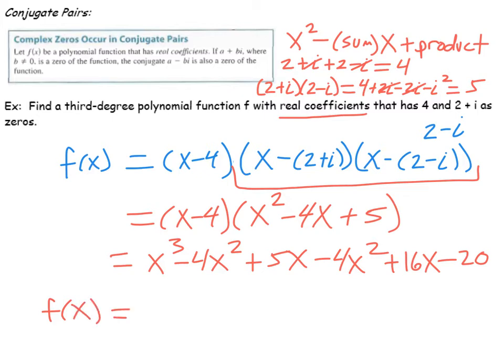Looking for any like terms. x to the third doesn't have any. Got a couple x squareds. Those will combine. 5x and a 16x can combine to 21x, and a minus 20 at the end. Okay, there's a cubic polynomial. It's got zeros at 4, 2 minus i, and 2 plus i.